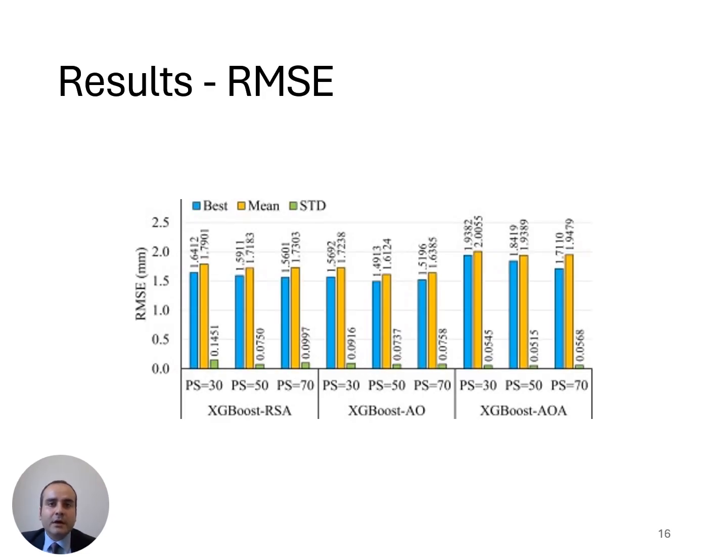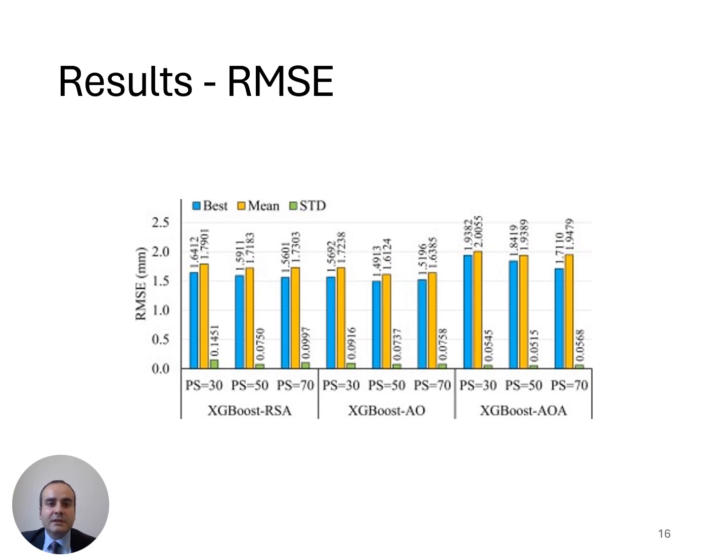After coding and running three synthesized XGBoost algorithms in Python, their performance over 20 independent runs, considering population sizes of 30, 50, and 70 during the validating phase for 200 iterations, was analyzed. The results, including the mean RMSEs, best RMSEs, and the standard deviations of these algorithms, are shown in this figure.